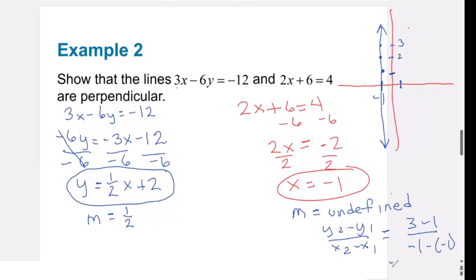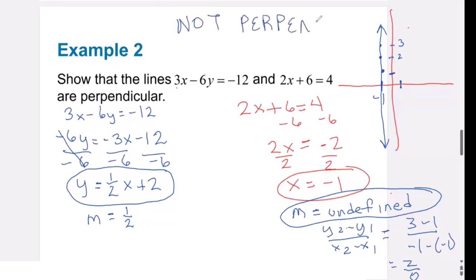So I get 2, or whatever number it is, over 0, which again proves that it's undefined. So these are not perpendicular to each other. Absolutely not perpendicular.